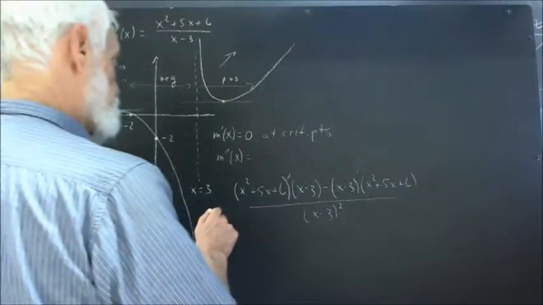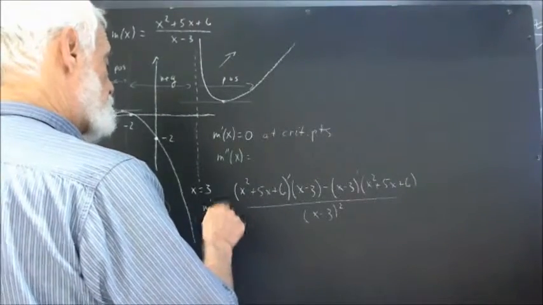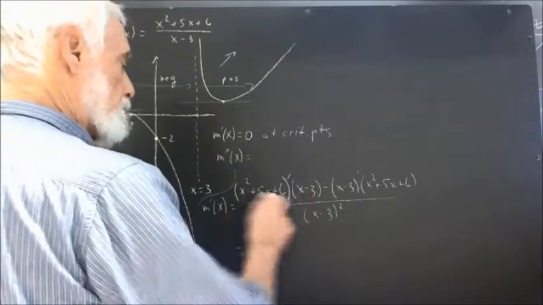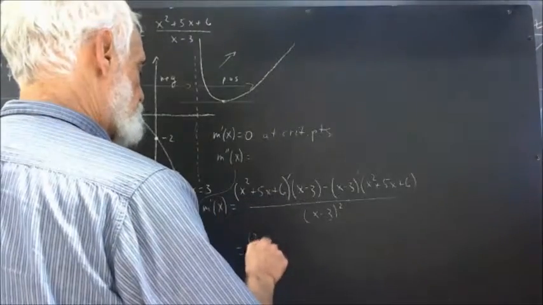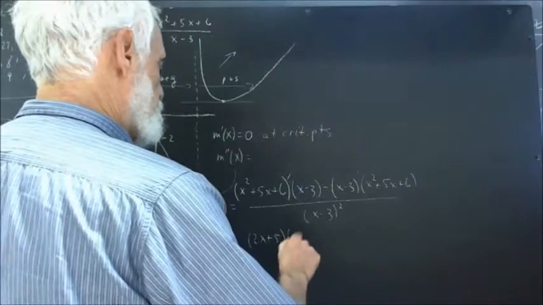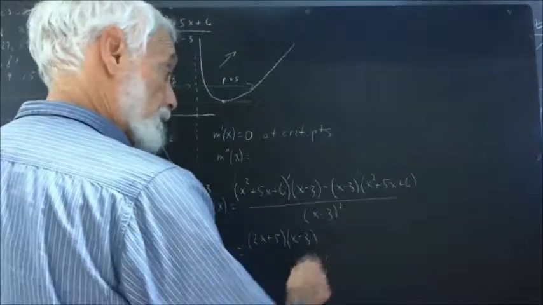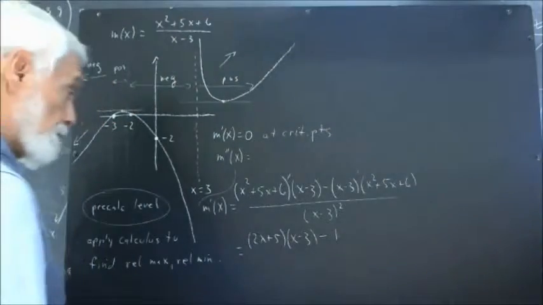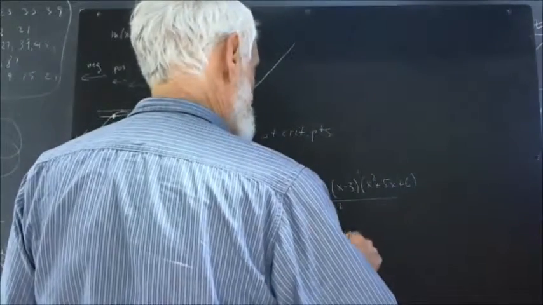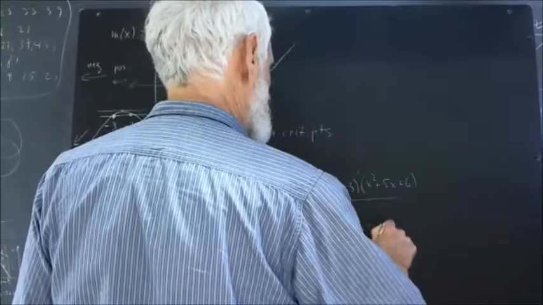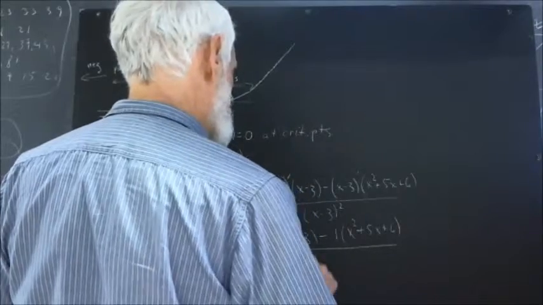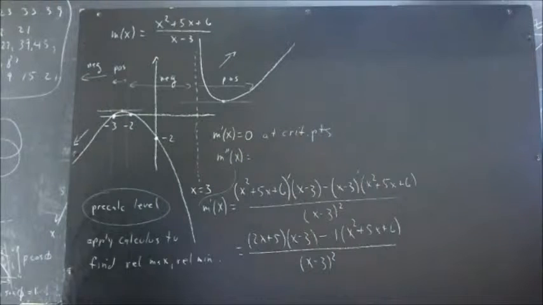And that equals, and this is of course your m prime of x, equals this. So the derivative of x squared plus 5x plus 6 is 2x plus 5, multiplied then by x minus 3, minus 1, the derivative of x minus 3 is just 1, times x squared plus 5x plus 6, all that divided by the square of x minus 3.